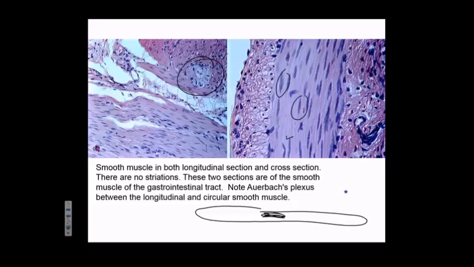So these are longitudinal sections, and if I took a section that looked like this, okay, and turned it, it would look like this. So this is circular smooth muscle, the inner circular layer of smooth muscle around your digestive tract, and this is the longitudinal muscle. It looks different because it's cut different, but it's really the same. Okay?